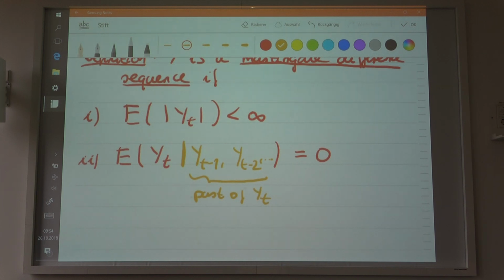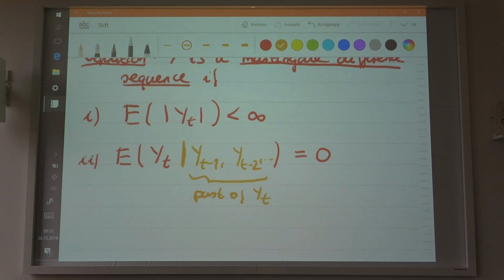Basically the whole set of all the information that is available at point t, the previous realizations. Since the past of the process is given, there is no more randomness regarding the past. At the current state, you already have the observations of the past, and the conditional expectation given its past is 0. So this is what the martingale difference sequence is.